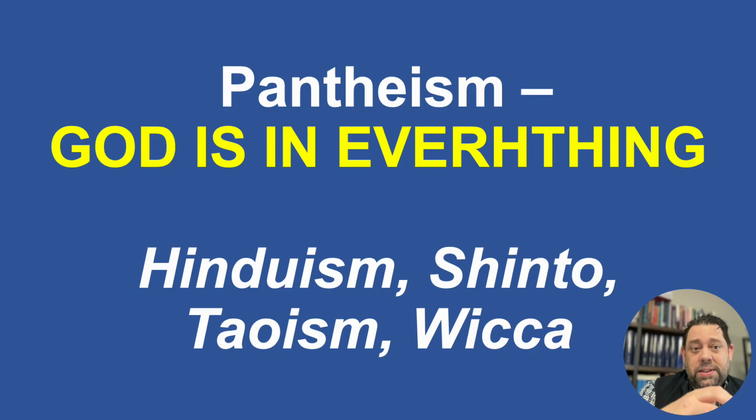And some of those religions that are polytheistic can also be pantheistic. And pantheism says God is in the earth and the wind and the fire and the rain. God is in the animals. God is everywhere, including in us. We're all little gods, if you will. And that's a pantheistic approach, that God is in everything.